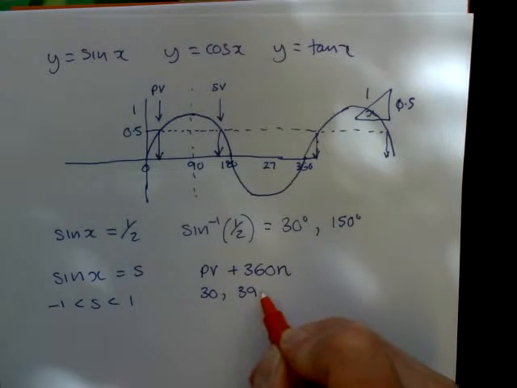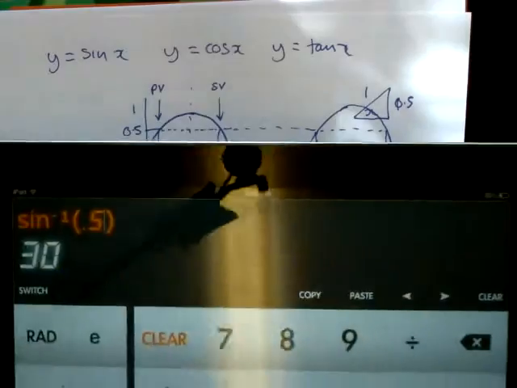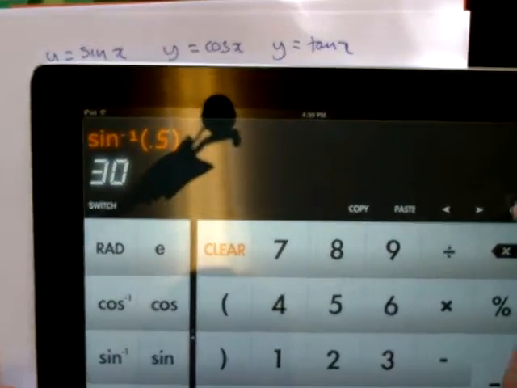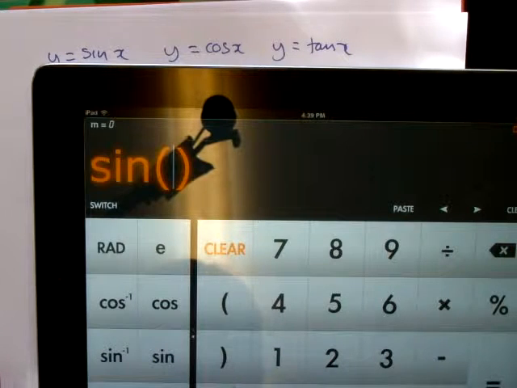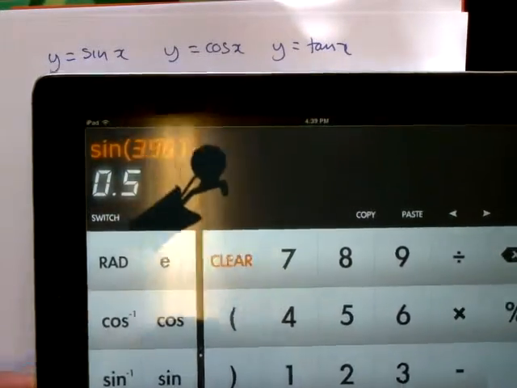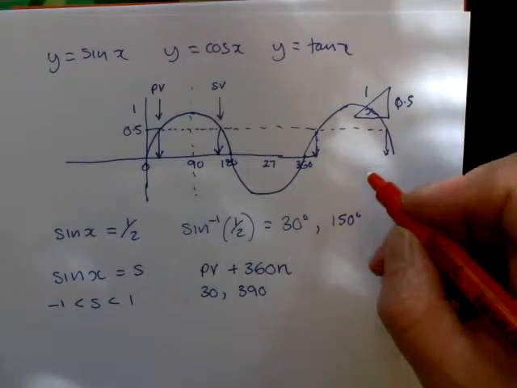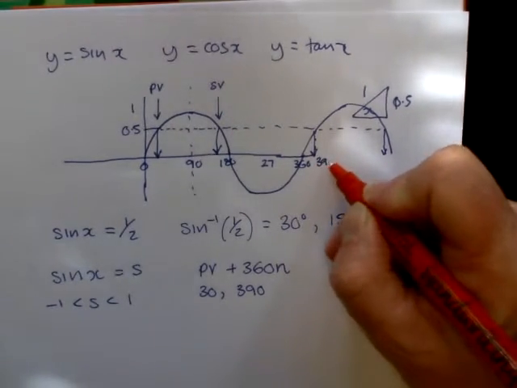the next value will be 390. Now let's just take a look on the calculator and just confirm what I'm trying to get across to you. So if I do the sine of 390, you should realise I'm going to get 1/2. So you can see clearly that the next answer is 390, which is here.